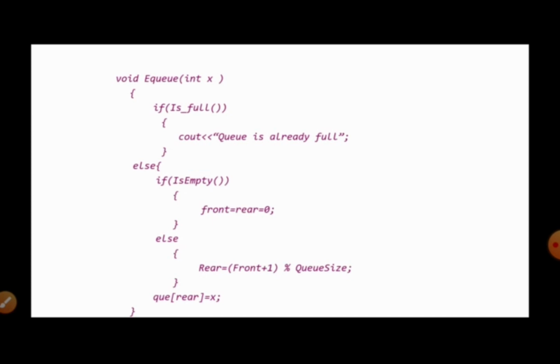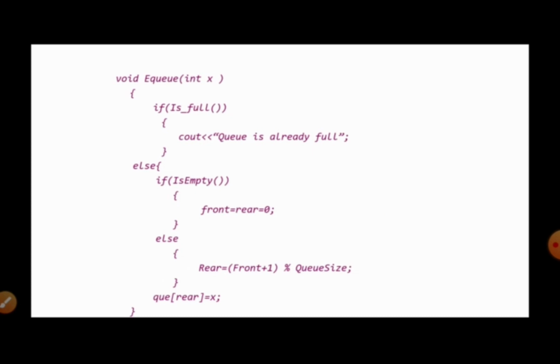So to implement this enqueue method, we check if the queue is full, then we simply give the message that the queue is full. The supporting method isFull will be, as we discussed, if rear plus 1 mod queue size is equal to front, then return true, else return false.